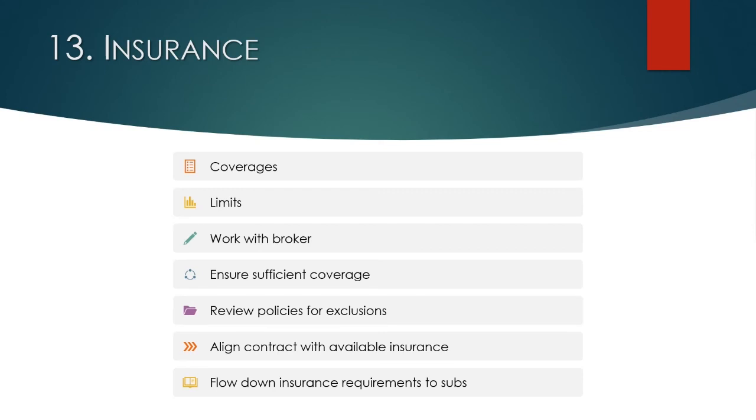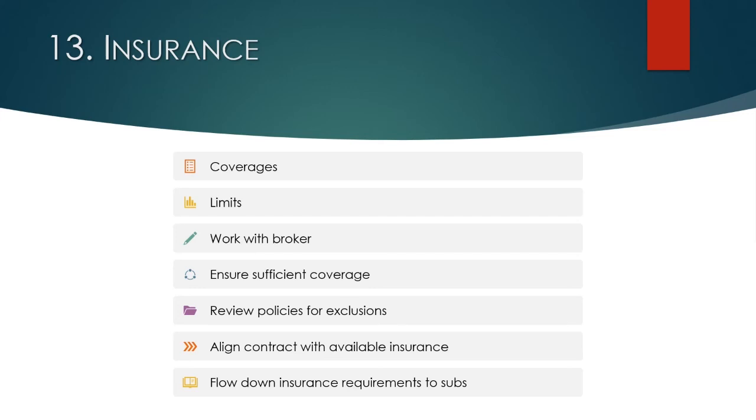This dovetails into the insurance requirements. Lots of insurance involved in large construction projects. Could be commercial general liability, typically workers' comp, E&O, professional liability insurance. We want to make sure, first of all, review your contract documents, make sure you know what you're required to provide as the general contractor, that you can get that coverage, that you can get the policy and endorsements that the owner is requiring.